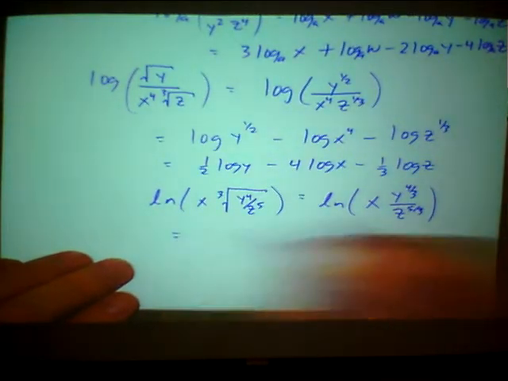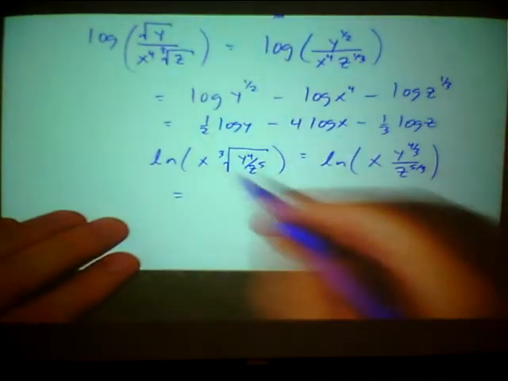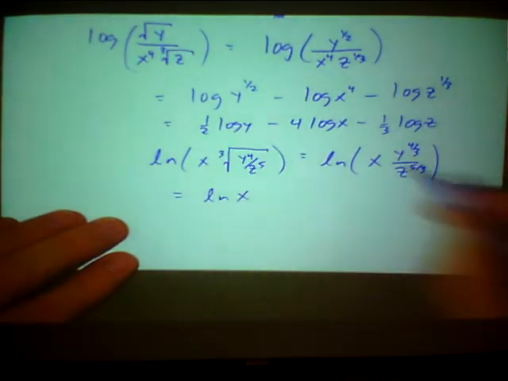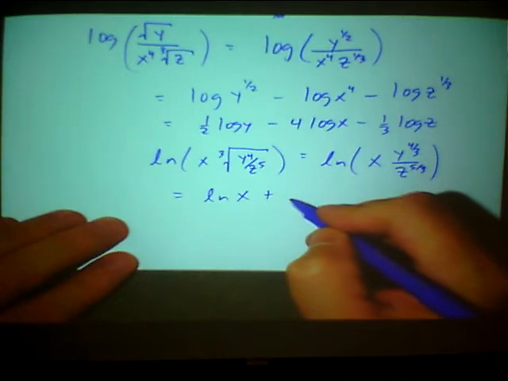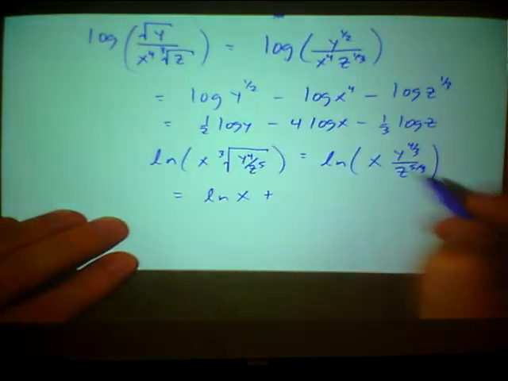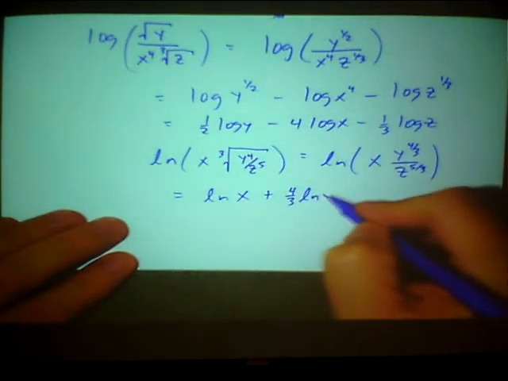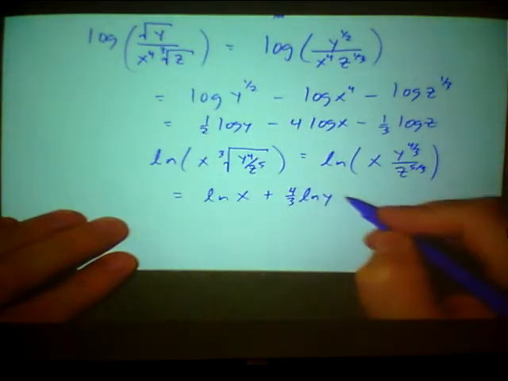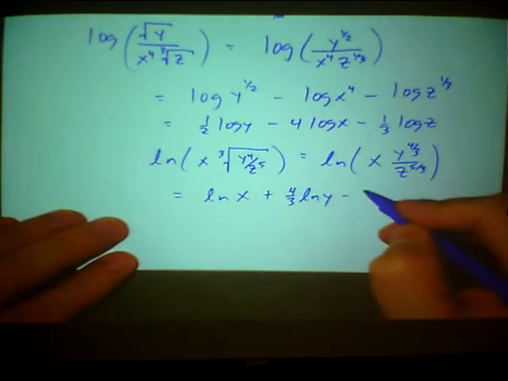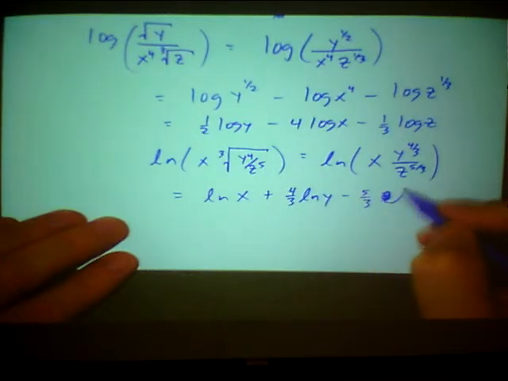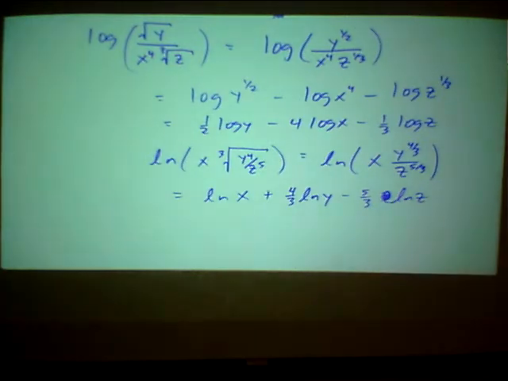And now I can break that up into separate logs. Natural log of x, the y to the 4/3, I add that. As a matter of fact, just to save time, I know the 4/3 is going to come down front. Then I'm going to subtract the z. I know the 5/3 is going to become the coefficient of natural log of z. So I guess that wasn't too bad after all.